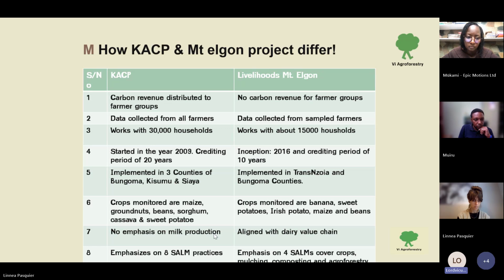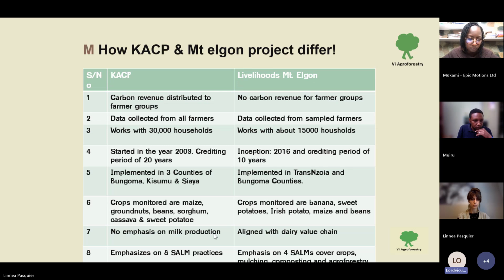And how do we monitor that? We do so by collecting data on yields. So for KACP, we have six crops: maize, groundnut, beans, sorghum, cassava, and sweet potato. But for Livelihoods, we have banana, sweet potato, Irish potato, maize, and beans.